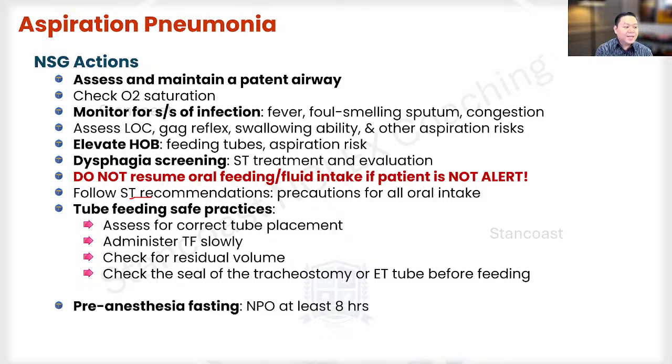Okay. Now here, guys, we're going to talk about the need for us to prepare our patient to go into a special procedure. So for example, maybe they have an order to go into an endoscopic type of procedure, upper or lower, or any other diagnostic testing that may require the use of an anesthetic agent, a general anesthesia.